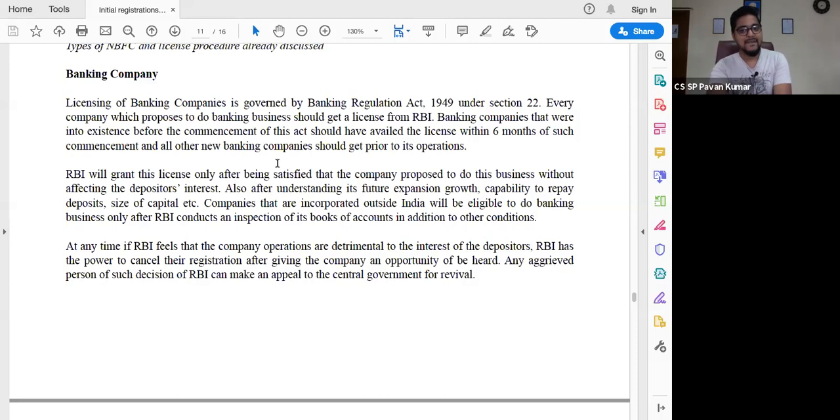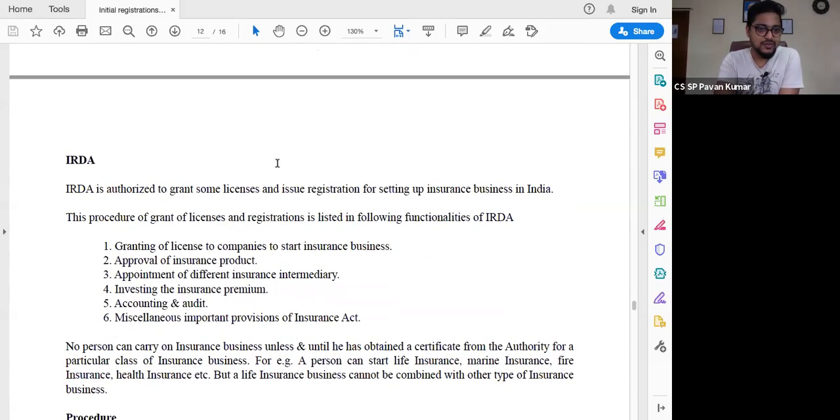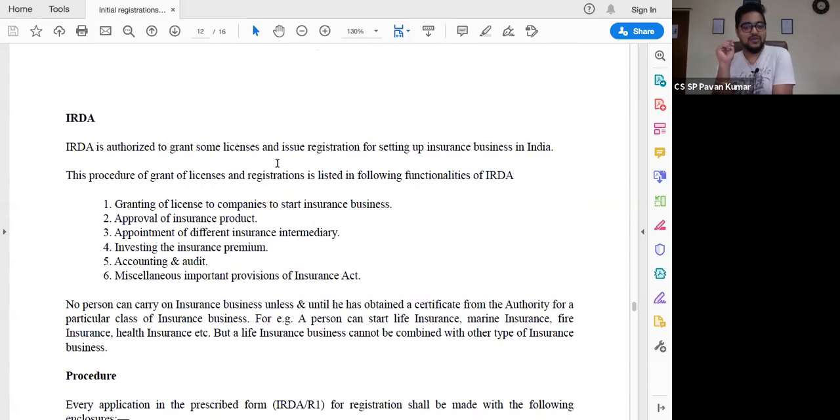And if at any time the RBI feels that a banking company is acting in a way which is detrimental to the interest of the deposit holders, they have all the powers to cancel the banking license also. So whenever I want to start an NBFC company, I get an NBFC license. Whenever I want to start a banking company, I get a banking license.